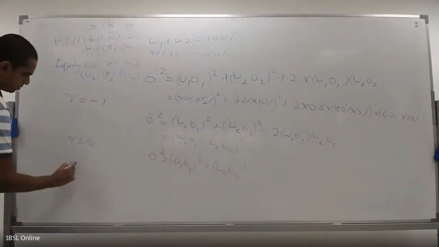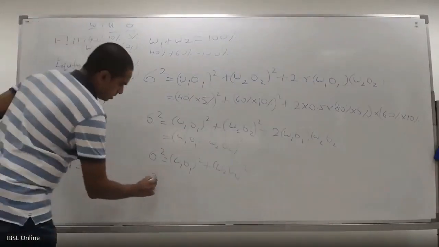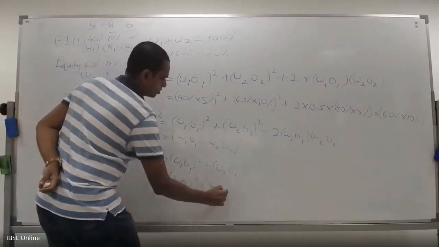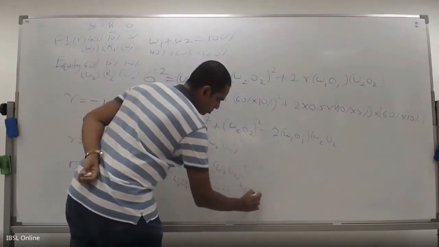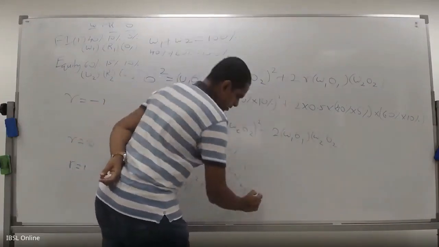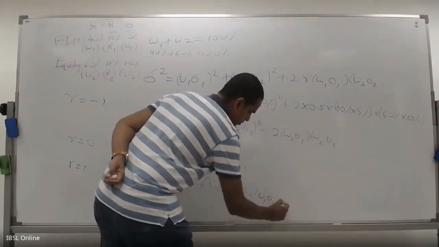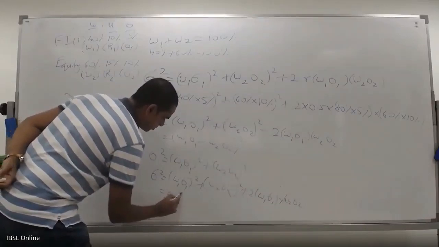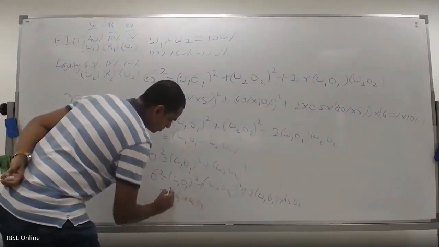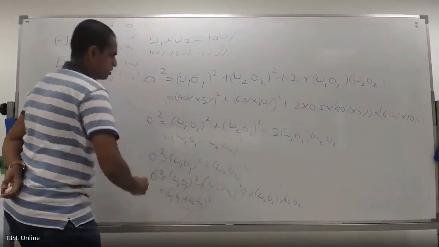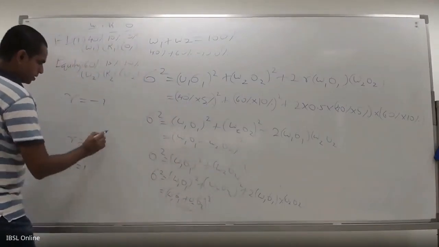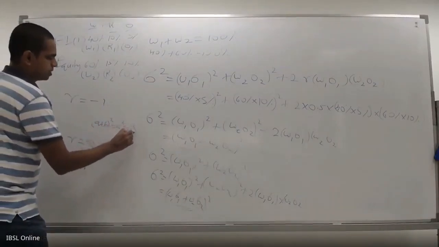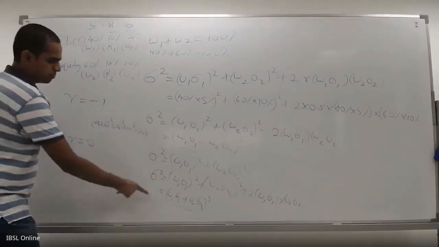Then if R is plus 1, sigma squared is W1 sigma 1 squared plus W2 sigma 2 squared plus 2 times 1 times W1 sigma 1 into W2 sigma 2. This is W1 sigma 1 plus W2 sigma 2, squared. Again, grade 2, A plus B squared is A squared plus B squared plus 2AB. Okay. This is the same principle.